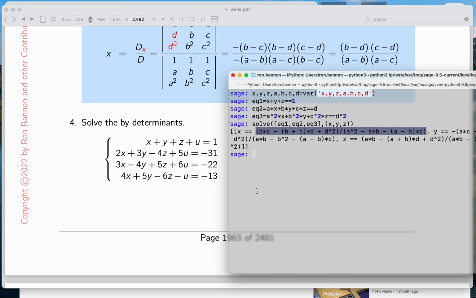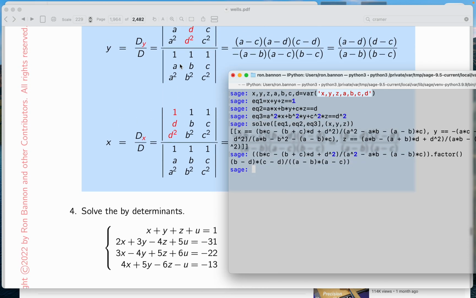I'm going to copy it and paste it in. I'm going to try to factor that. And what do I see? I see B minus D, C minus D, A minus B, A minus C. I'm clearly seeing what they got for X.